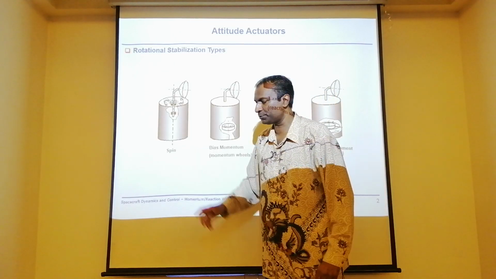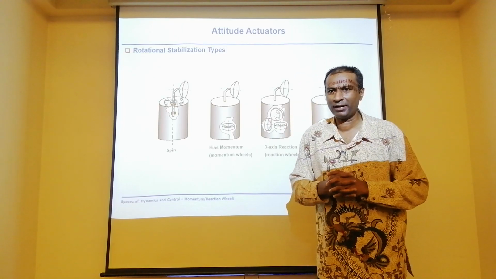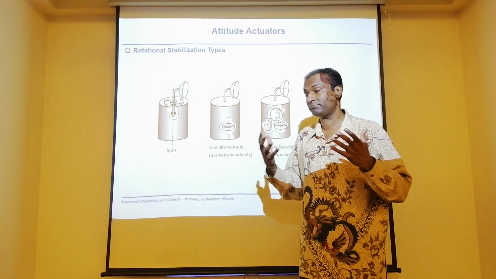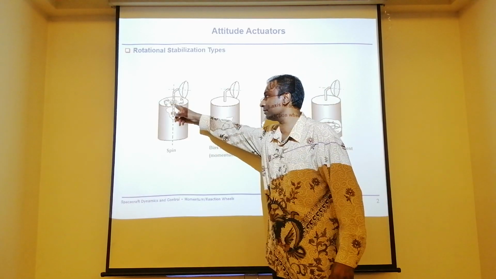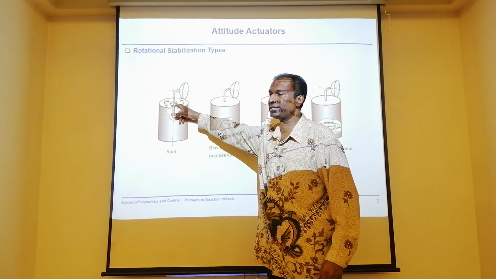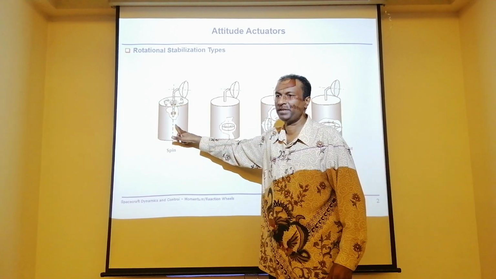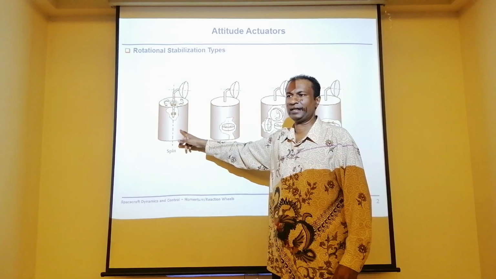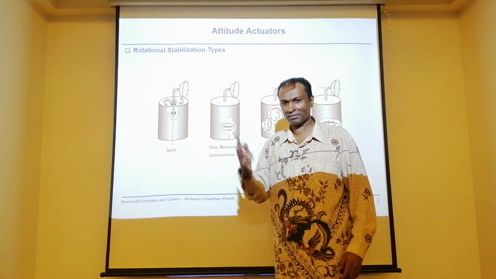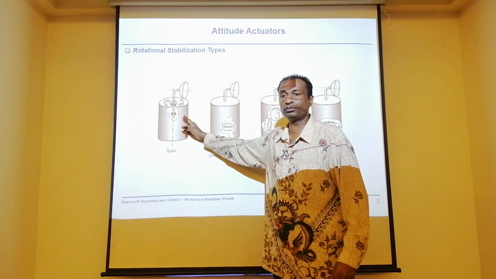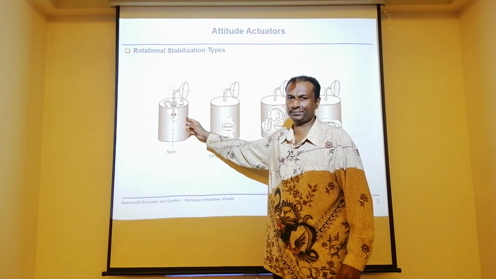So totally spinning the body might not be really clever. The reason is that you have to take care of your antenna, etc. Why not install a spinning body inside, let it rotate fast, and produce the same amount of angular momentum?